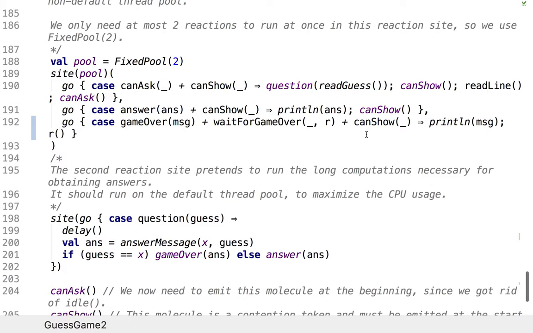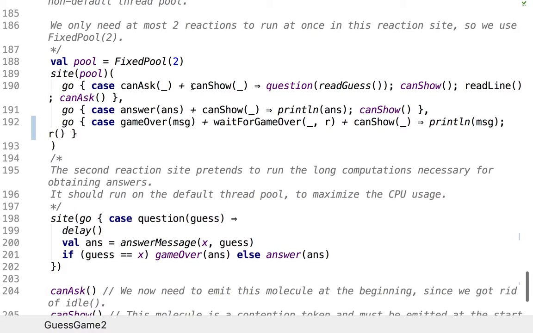So these are the considerations that a chemical machine forces you to confront. I'm still not reasoning about individual processes in time, but I have to reason about how many of these I want to run in parallel and how many copies need to run in parallel.